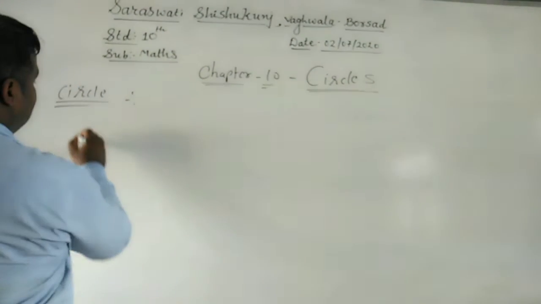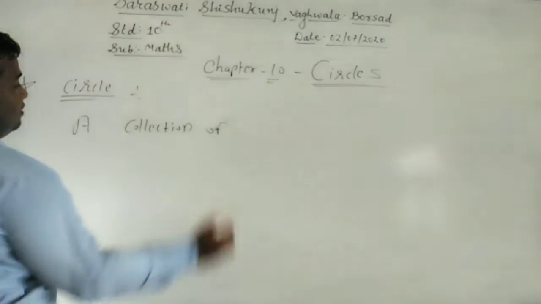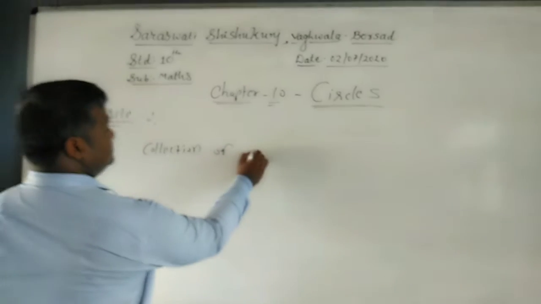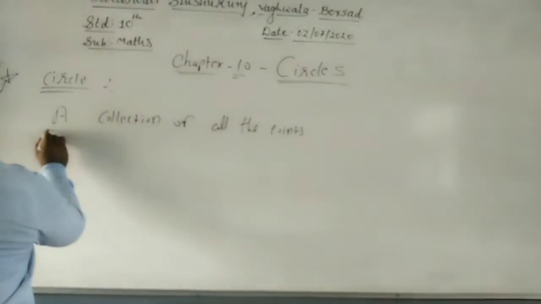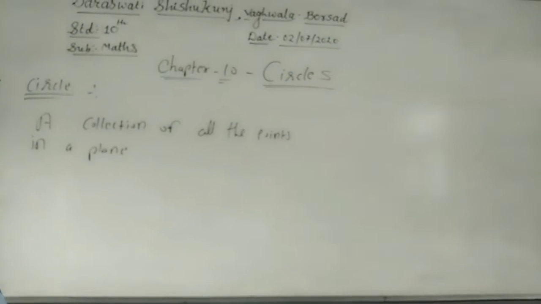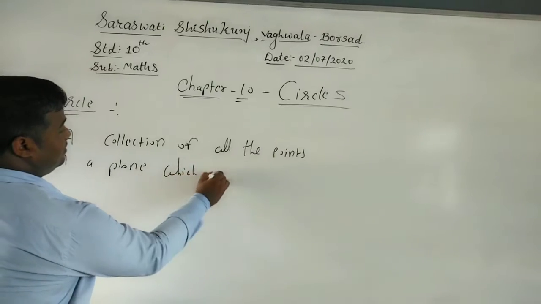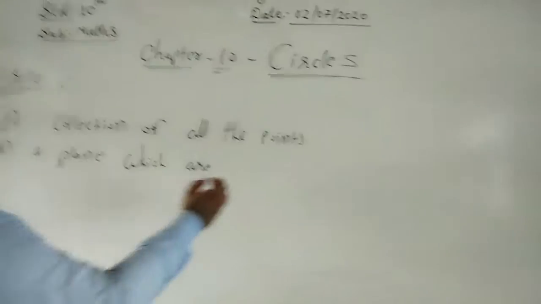Circle means a collection of all the points in a plane which are at a constant distance.